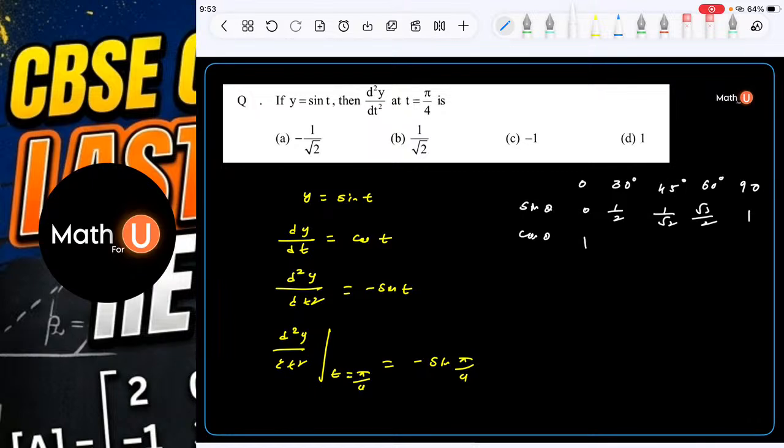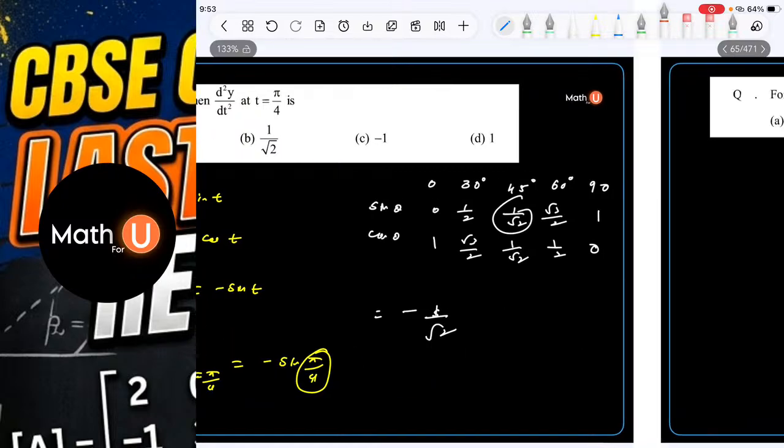If you take the reverse, we get cos theta values 1, root 3 by 2, 1 by root 2, 1 by 2, 0. 45 degree is nothing but pi by 4 in radians. Then what is the value we get? Minus sin 45 degree, how much? 1 by root 2. That means the answer is minus 1 by root 2. Then option A is the correct answer.